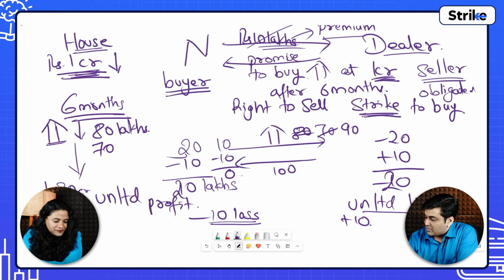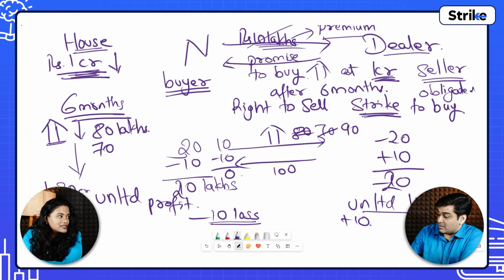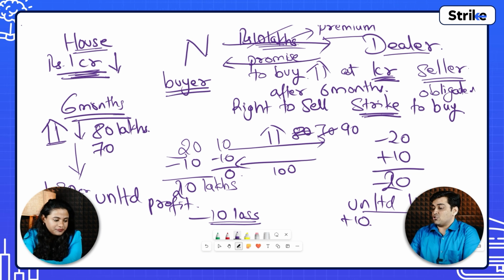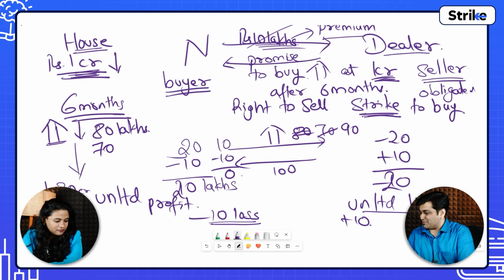So if the price of the house falls below the strike price minus the premium of 10 lakhs, that is 1 crore minus 10 lakhs, which is 90 lakhs, only then would you make a profit on it. Clear? So that's about the put option.